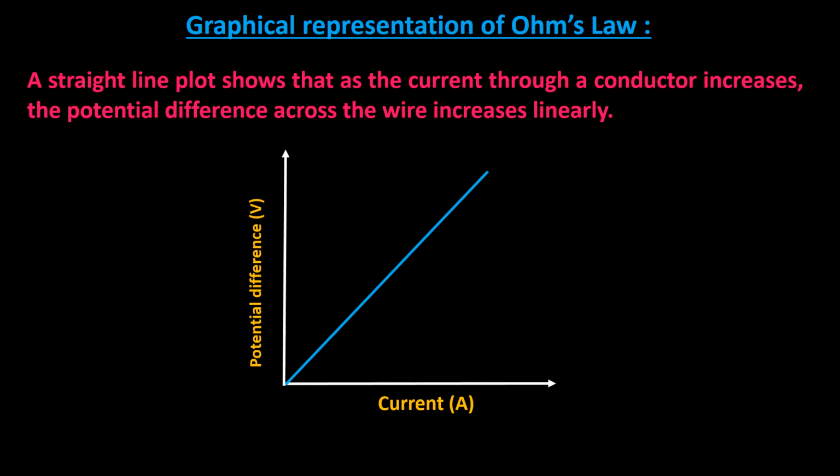A straight line plot shows that as the current through the conductor increases, the potential difference across the wire also increases. So there is a linear relationship between the potential difference and the current.